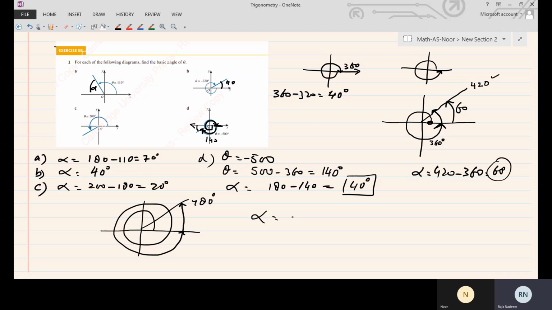How would we get this basic angle? We subtract 360. 780 minus 360, and what do we get? We get 420.